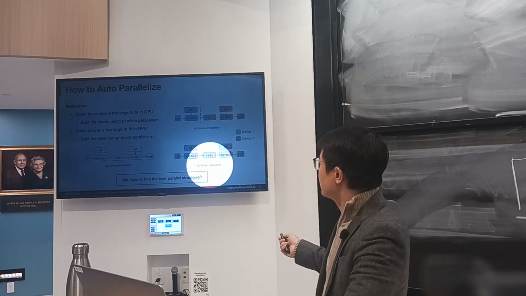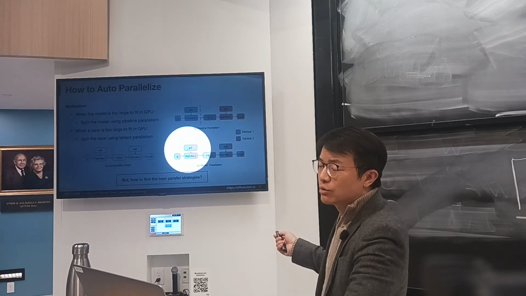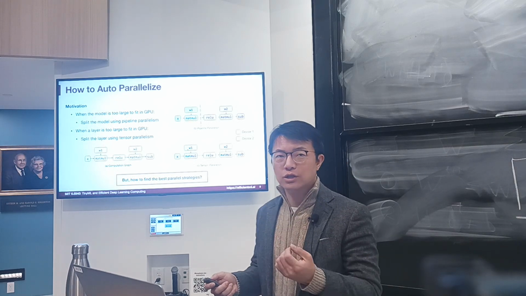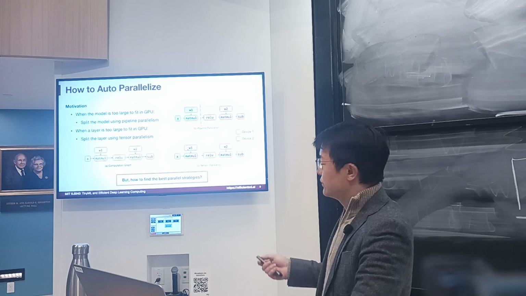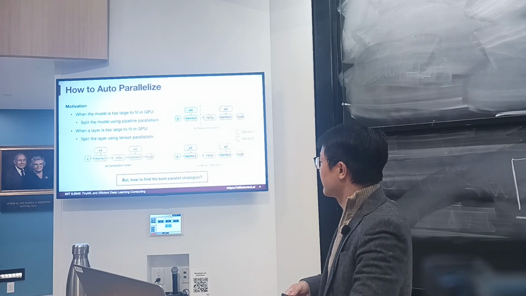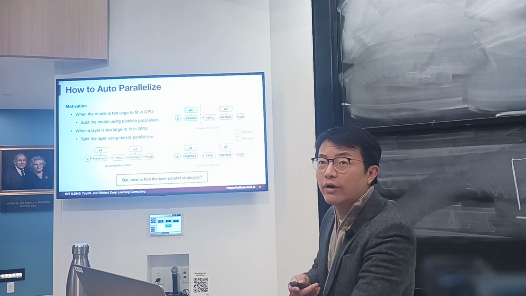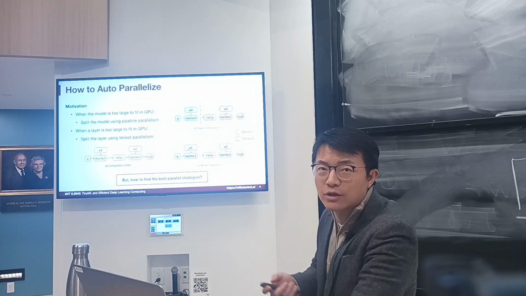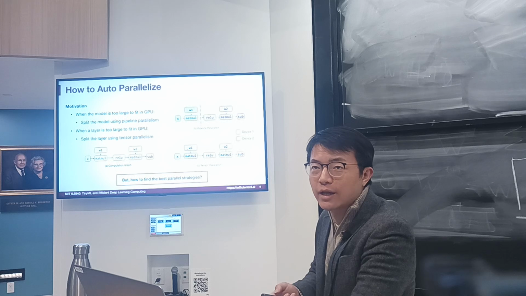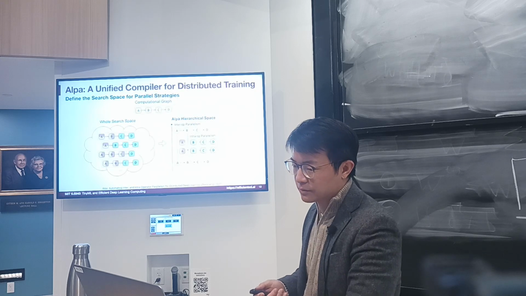This is tensor parallelism: within a single GPU, within a single layer, we can divide the tensor by 2 in this case. But how do we find the best parallel strategies? For each layer, there are already a lot of choices. If you have so many layers, what's the best choice?